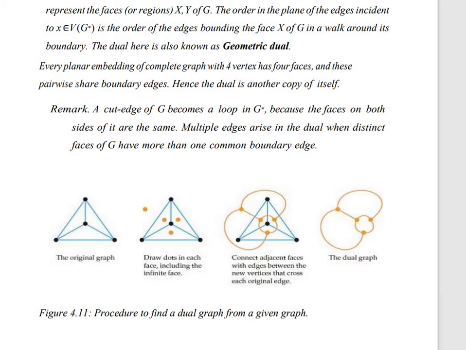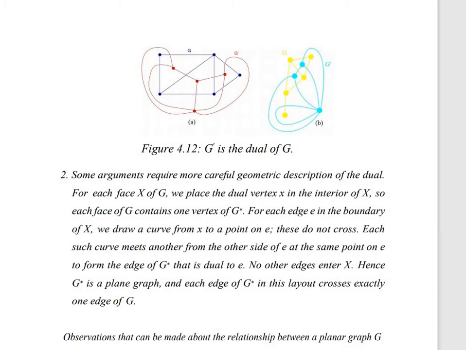After marking the dots in each of the faces, connect adjacent faces with edges between the new vertices that cross each original edge. Now, the brown dots along with the newly constructed edges form the dual of the given graph. These are some of the diagrammatic representations of the dual of the graphs constructed from the given graphs.